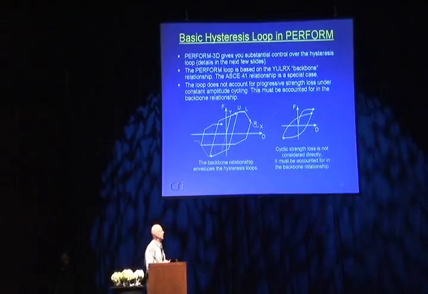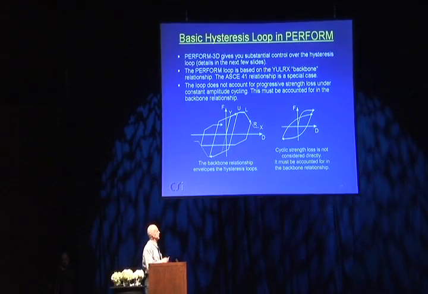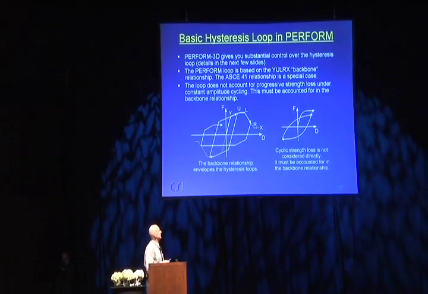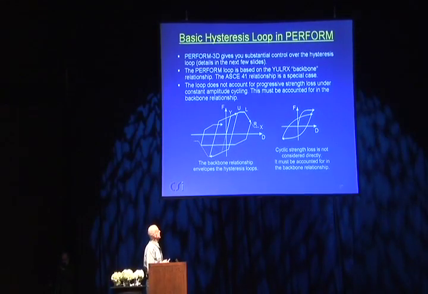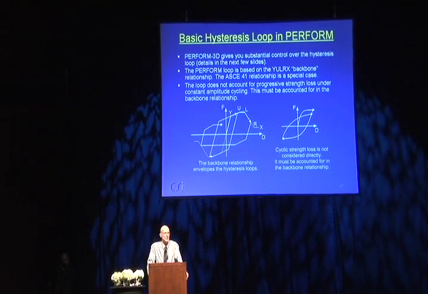Right now, the backbone curve that you have should represent a reasonable amount of cycling. And the backbone curves that are given in ASCE 41 do represent a certain amount of cycling. So the last point, the loop does not account for progressive strength loss under constant amplitude cycling. This must be accounted for in the backbone relationship, and this is rather important at the present time.